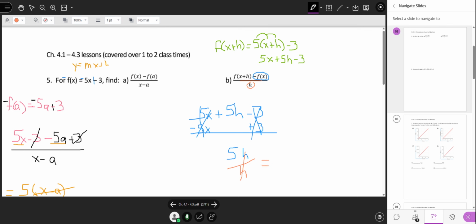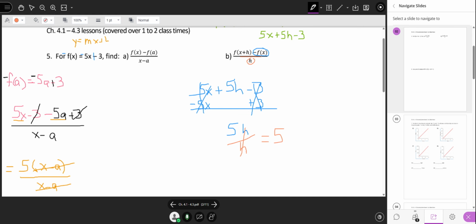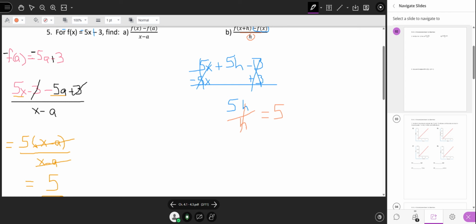And when we do, guess what? Again, our answer is the thing that we had in front of x.